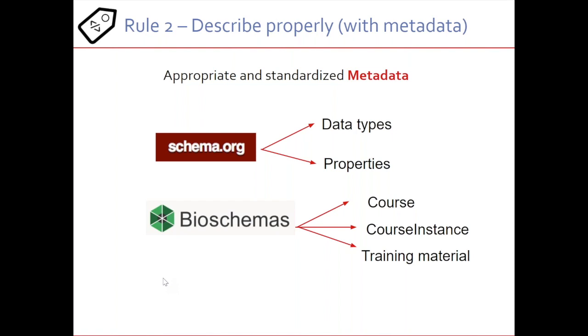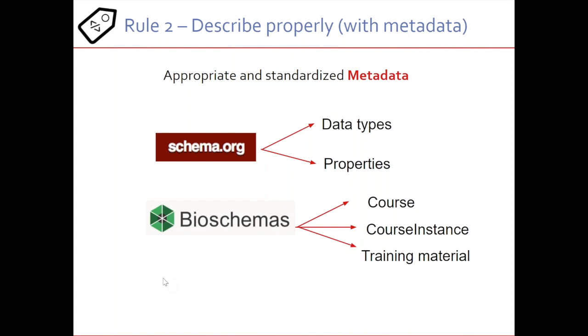The metadata for people will be a paragraph, maybe a bullet point, but machines need to follow a very specific structure and format. For our rules, we have collaborated with Bioschemas so we can express in a very structured way all the description about our training materials. I invite you to go to bioschemas.org and learn a bit more about the specifications for course instance and training materials.